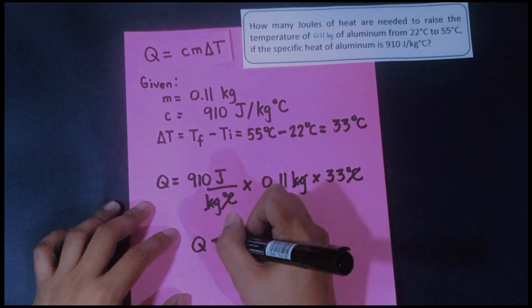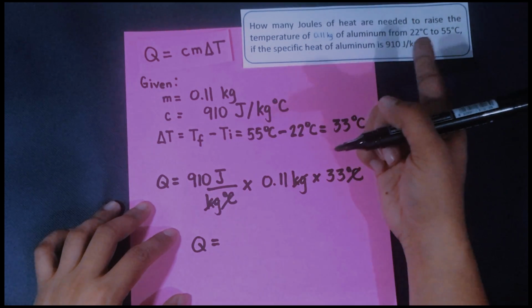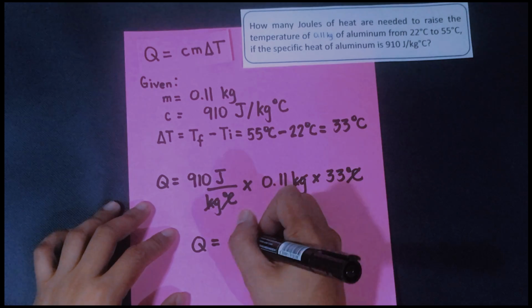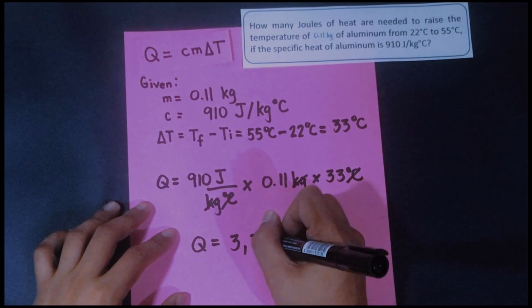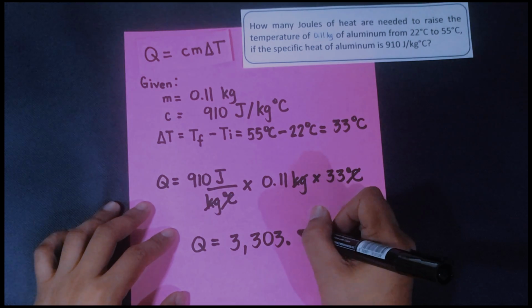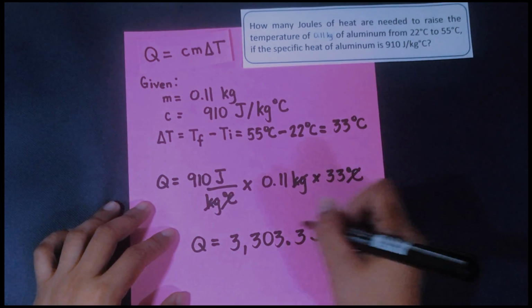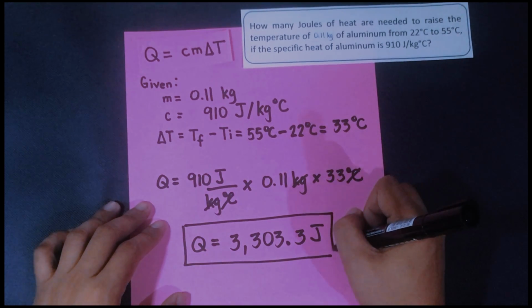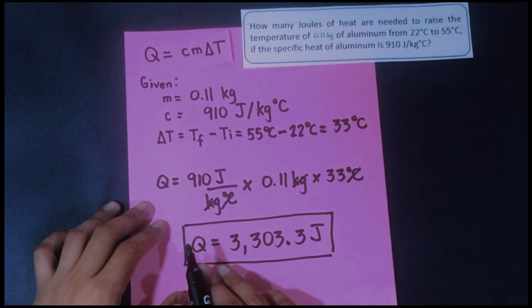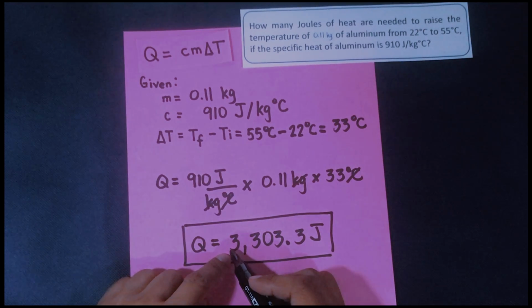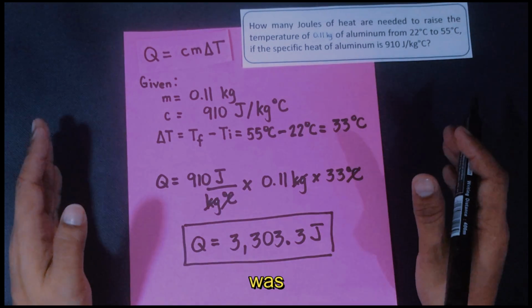The amount of heat that was needed to raise the temperature is equal to 3,303.3 joules. Okay, so notice that the Q or the answer is in positive, which means that heat is absorbed.